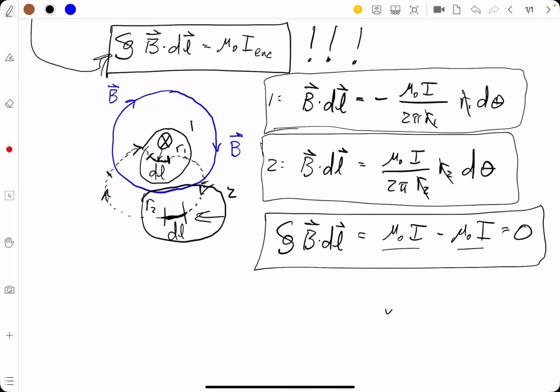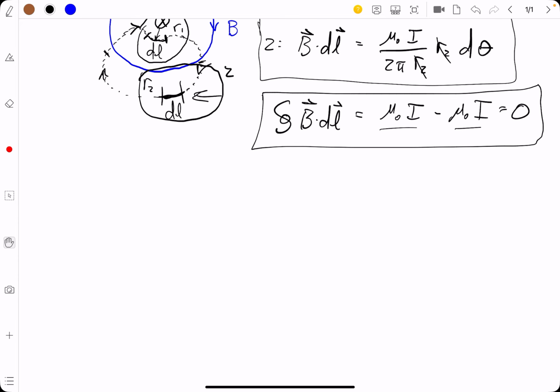So there you have it. That's a pretty nice thing to know. We end up with 0 for anything that doesn't enclose current in the loop.